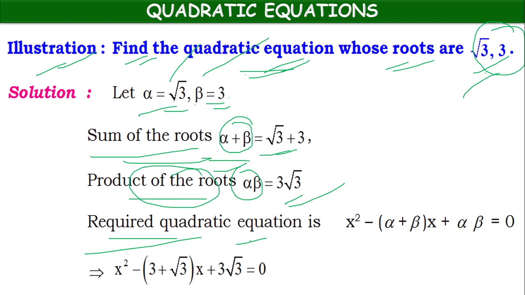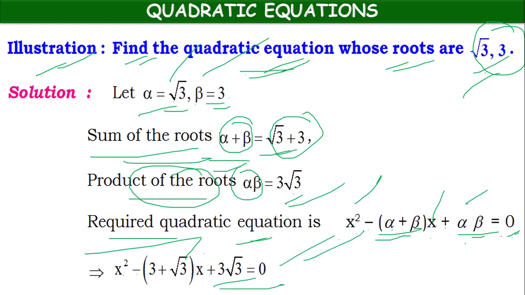Now the required equation is x square minus sum of roots alpha plus beta into x plus product of roots alpha beta equals 0. What is the sum of roots? 3 plus root 3. x square minus 3 plus root 3 x plus product of roots 3 root 3 equals 0. In this way we can write the equation if we know the roots.